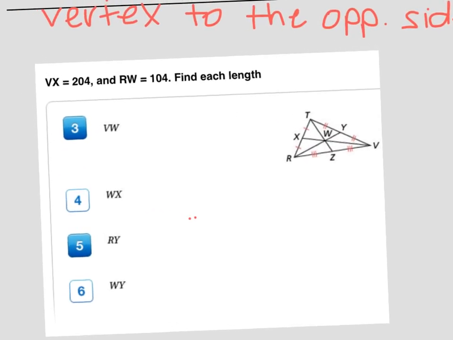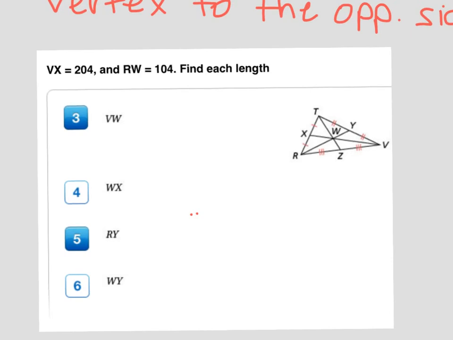How do you know those are medians? Does it say somewhere they're medians? They go from the vertex to the midpoint. Good. So they're not going to tell you necessarily, right? It might say these are medians. It might say W is the centroid, which means they're medians. Or you might have a diagram like this where they're all labeled as the vertex to the midpoint of the other side. So I know they're medians.